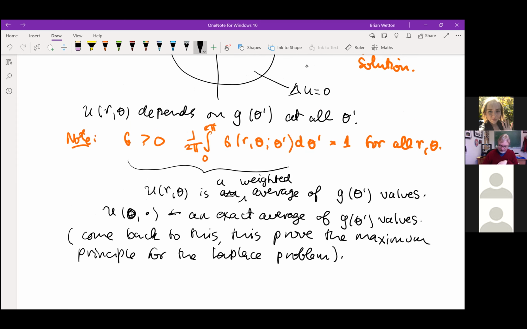If you follow through the things I've mentioned already, you can see that this is going to prove a maximum principle for the Laplace problem in the disk, and then you can extend that to other domains. I think there's one trick you need to pull out to make the general argument, which we'll do either later on in another lecture or in an assignment question.